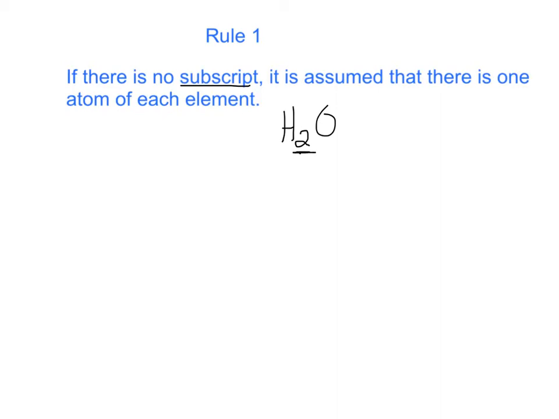So notice how it's written down below. It should never be written like this, okay? That's not a subscript and that's not a proper chemical formula. It needs to be written little and down below. So if there is no subscript, it's assumed that there is one of each element.